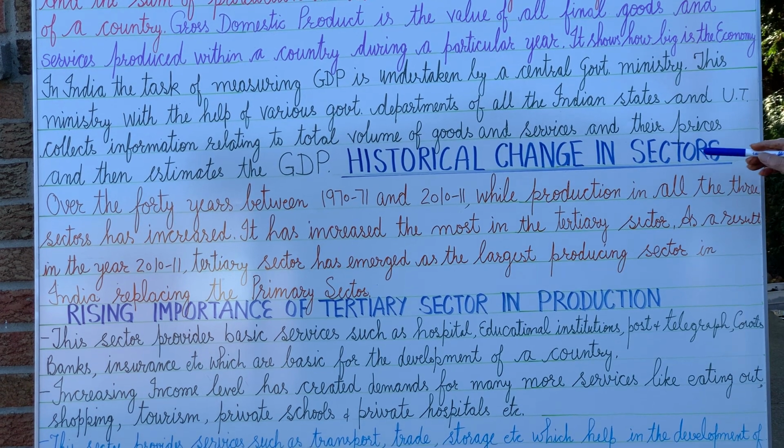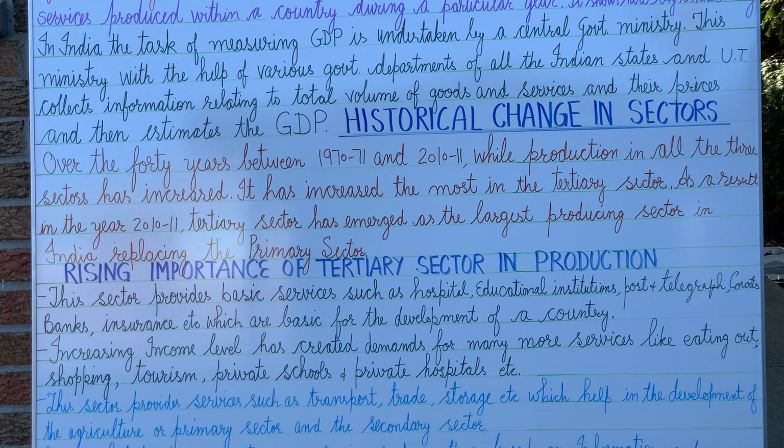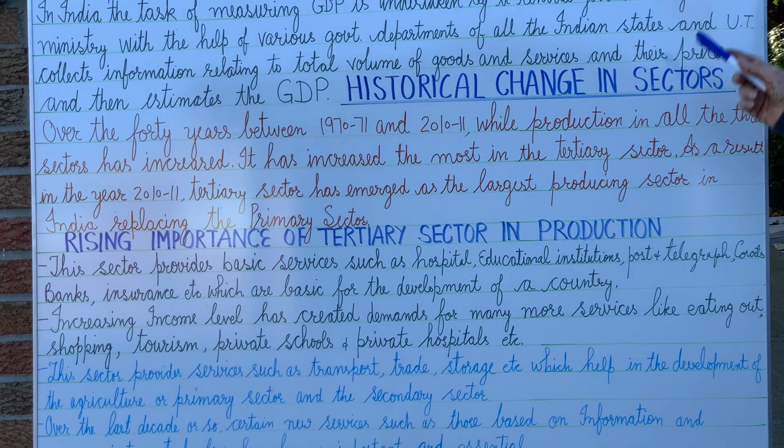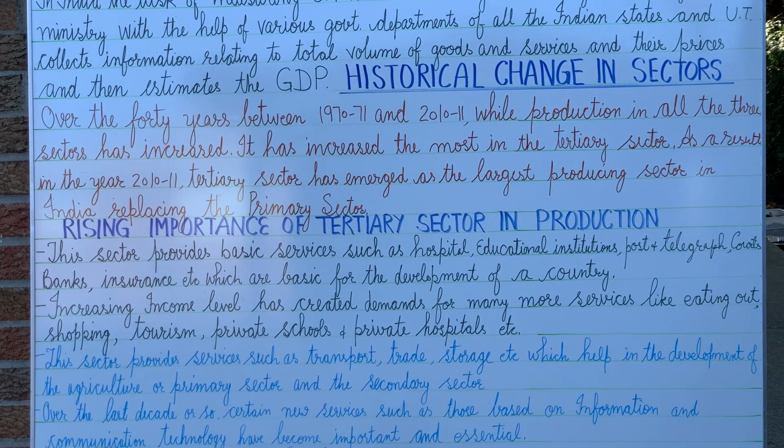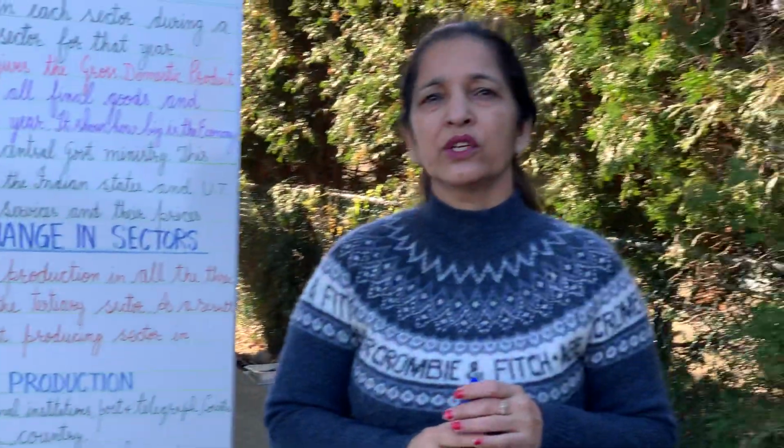But we have seen over the years that there is a historical change in all these three sectors. Initially, the developed countries, in the beginning, had their economy based on the primary sector, but now they have shifted from primary to the tertiary sector.